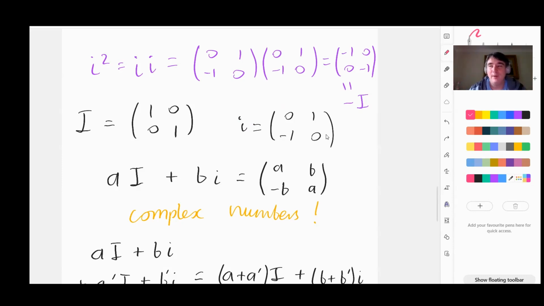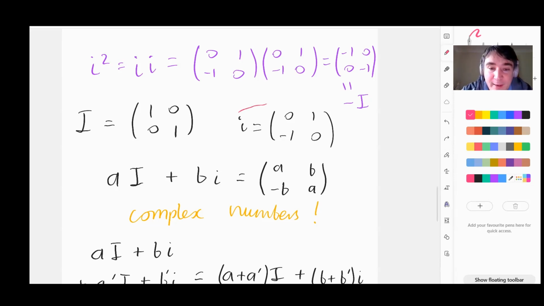These complex numbers have a real part, which is just an ordinary number, and an imaginary part that's another number times i. So they have this form a plus b little i. It turns out that we can access this world of complex numbers basically just by considering these 2x2 matrices.